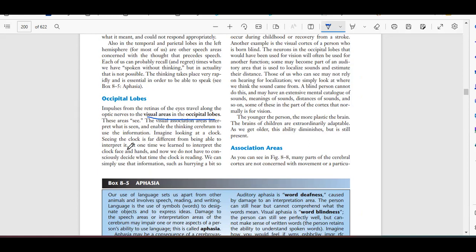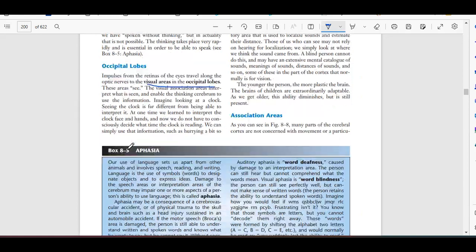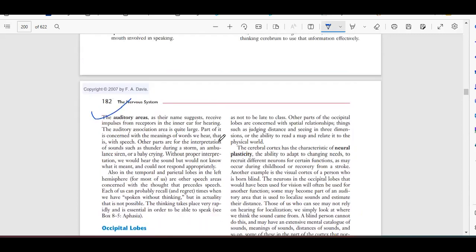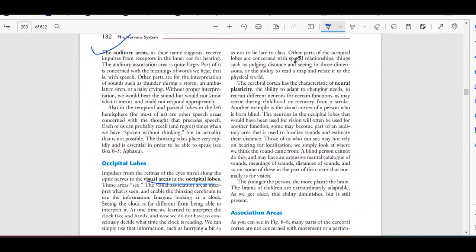Then it understands that this is a clock. Now what do we have to do with the clock? We will see the time. We can use that information simply, such as hurrying a bit so as not to be late to class.